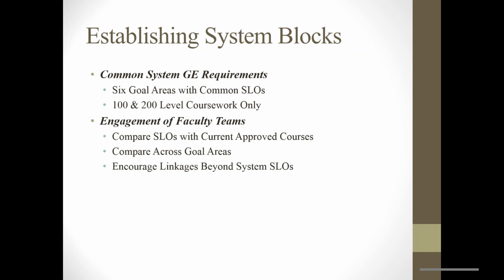Once we agreed that we were going to participate as a system and begin to work our way through the development of the block, I had our faculty groups look at those SLOs and connect them to specific courses that they felt had very similar learning outcomes embedded within them.